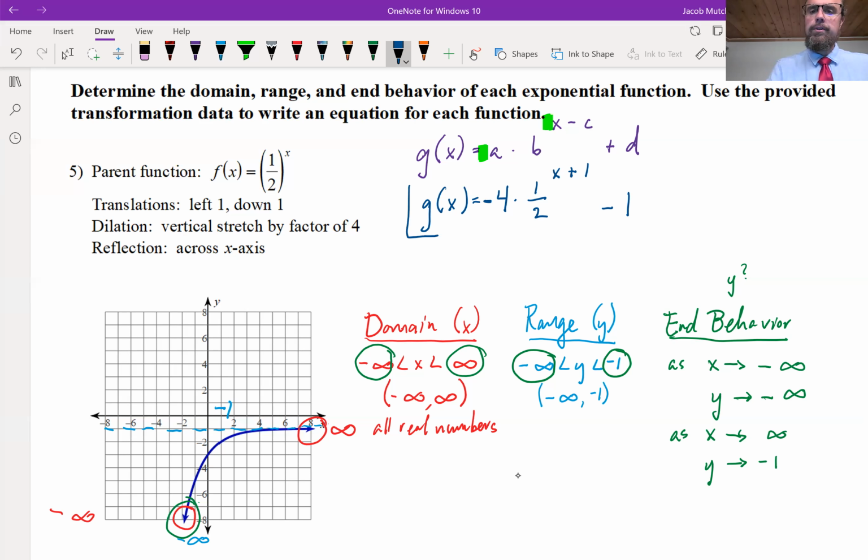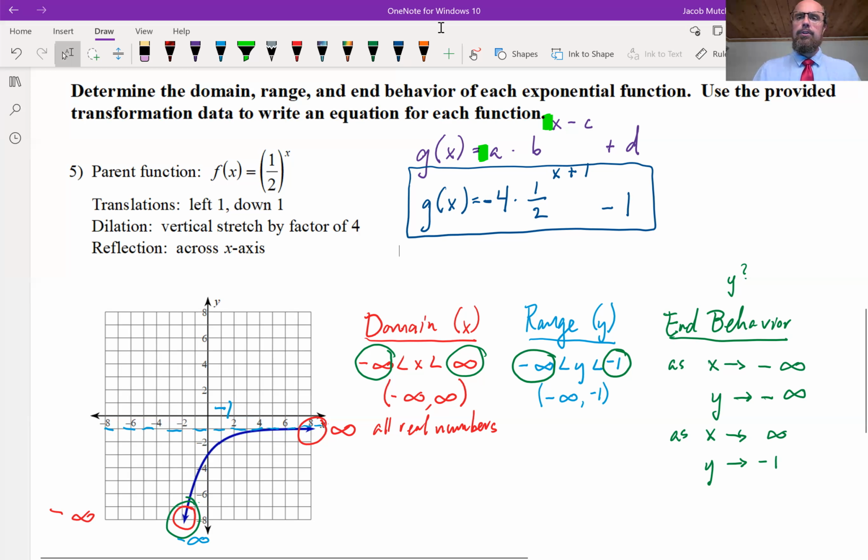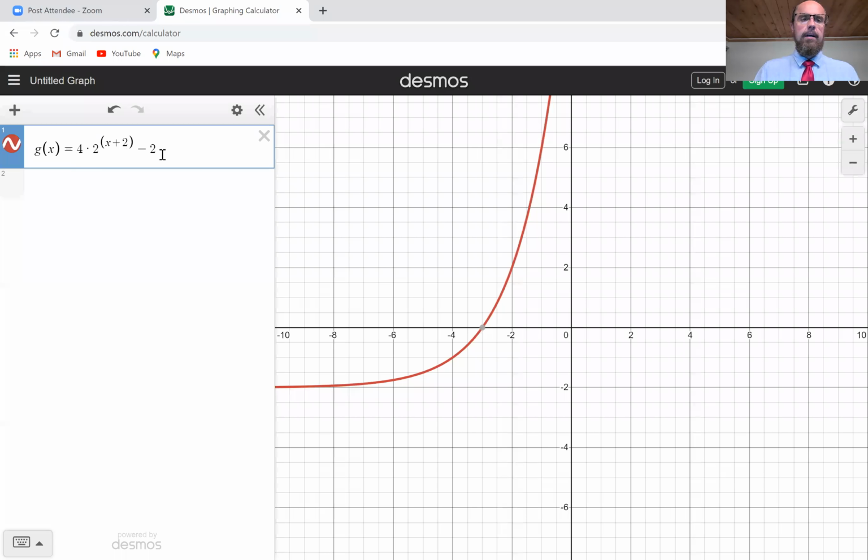And again, we just want to make a visual inspection by taking it over to Desmos and plugging it in and comparing that graph with the one we've got here. So we'll head over there. And again, it's just a good check to take your newly created equation and go back into the calculator to graph it.